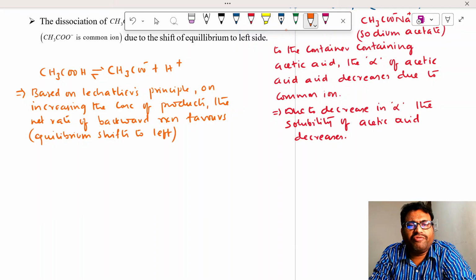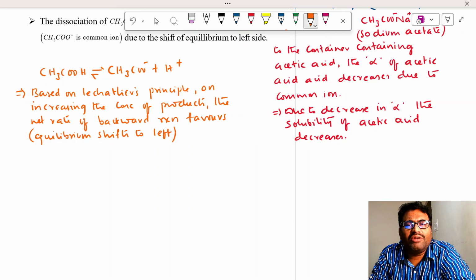If the reaction is moving in the forward direction, we say that the solubility of acetic acid is increased. If the reaction is moving in the backward direction, we say that the solubility of acetic acid is decreased. Now, on adding acetate ion, the reaction is moving in the backward direction. What does that mean? The solubility of acetic acid is decreased.